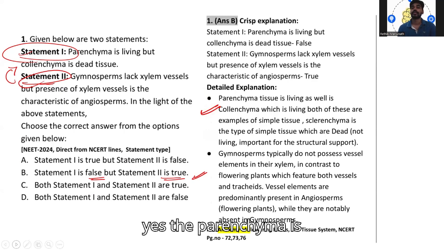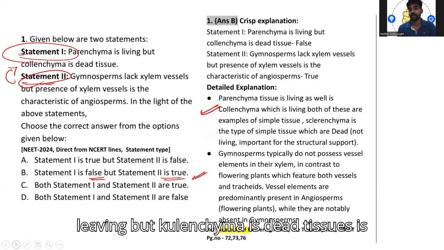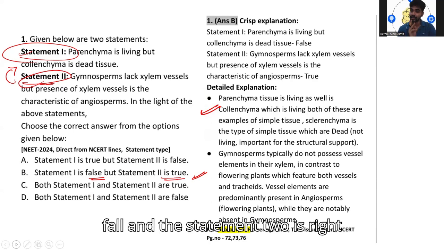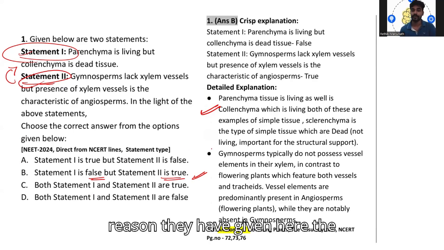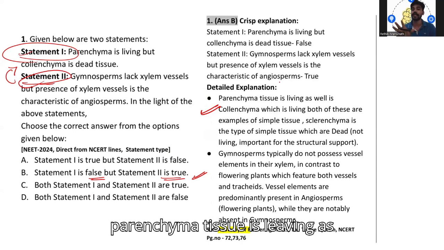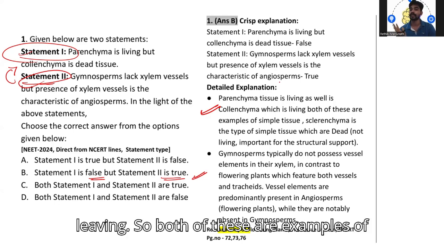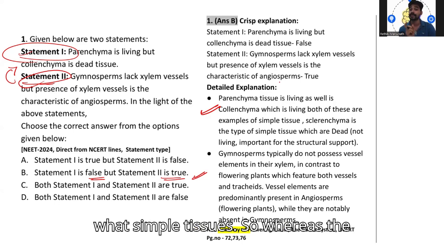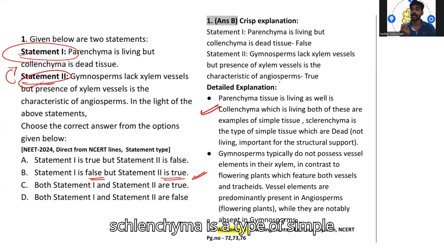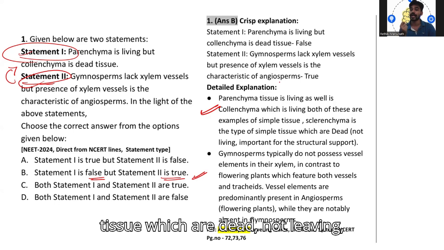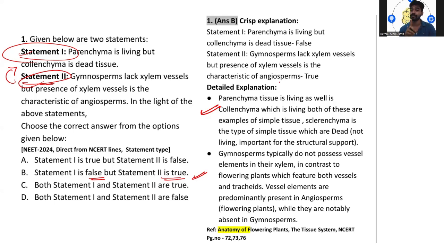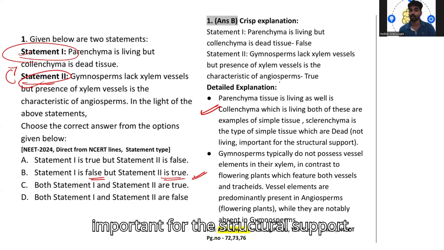Yes. The statement that parenchyma is living but collenchyma is dead tissue is false, and statement 2 is right. The reason they have given here: the parenchyma tissue is living, as well as the collenchyma, which is living. Both of these are examples of simple tissues. Whereas sclerenchyma is a type of simple tissue which is dead, not living, important for structural support.